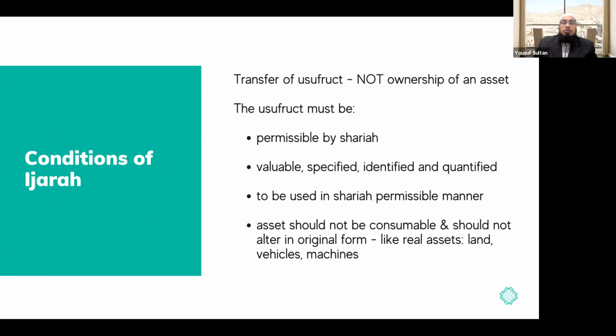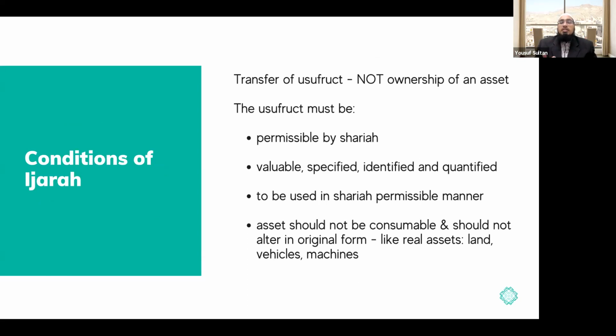Okay, now let's go through a few other conditions of Ijara. Number one, we have to remember that this is a transfer of usufruct. It's not a transfer of ownership. I think we already understand that. Now the usufruct must be permissible by Sharia. How can we determine if the usufruct is permissible?